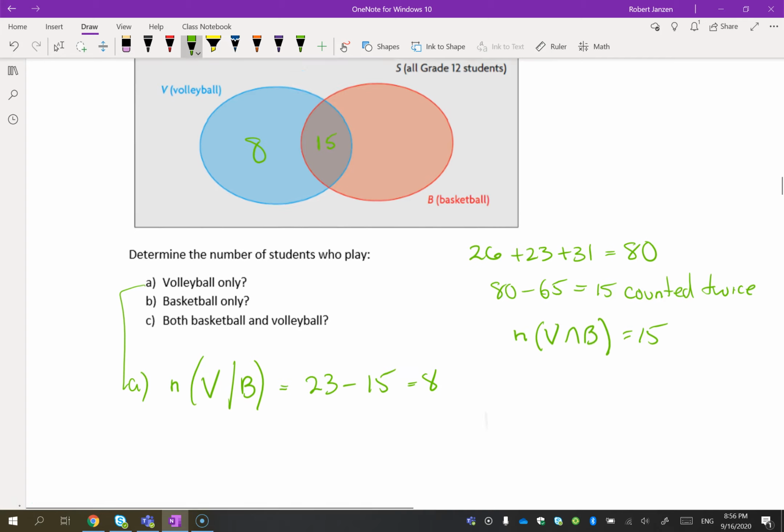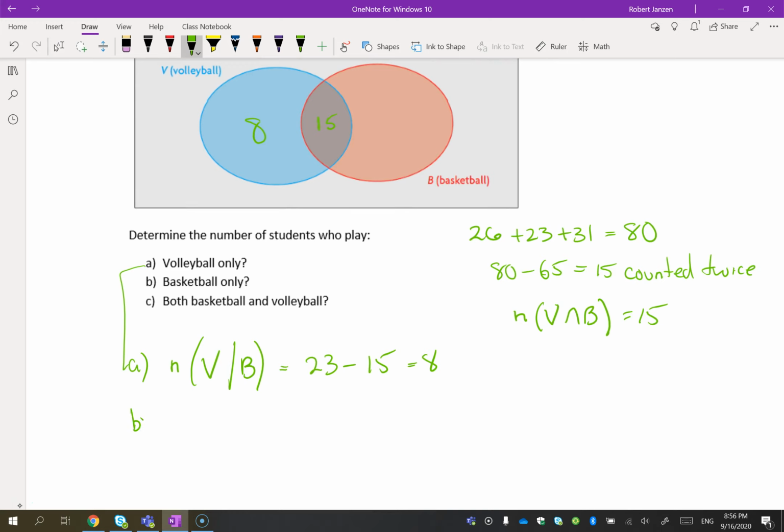It's this notation that's a little trickier. So let's try the second one. How do you write basketball only? It's the number that play basketball, not volleyball. By the way, this line should kind of be diagonal like that. There are 26 that play basketball, minus the ones that also play volleyball, which gives me 11 basketball only.